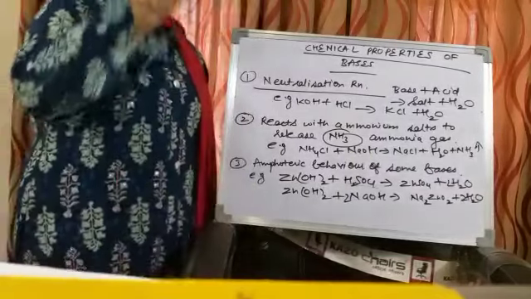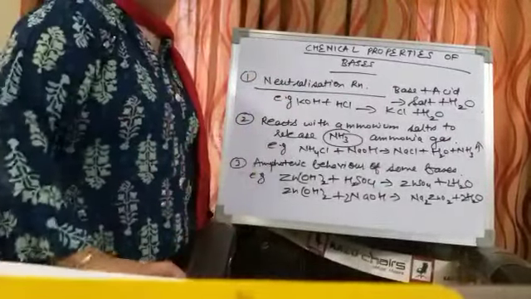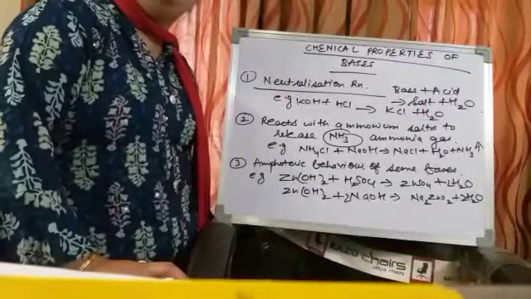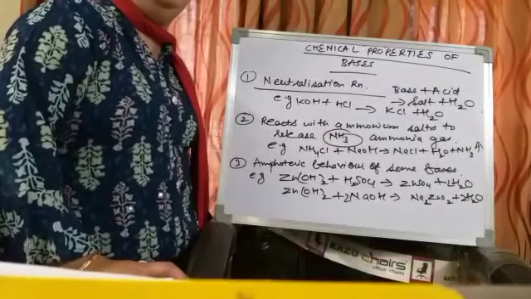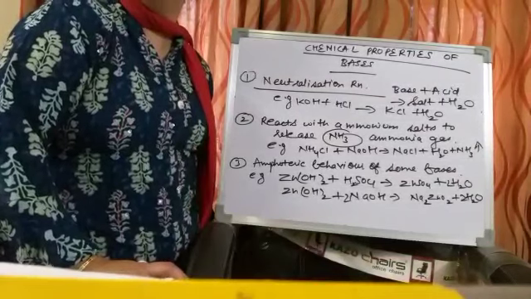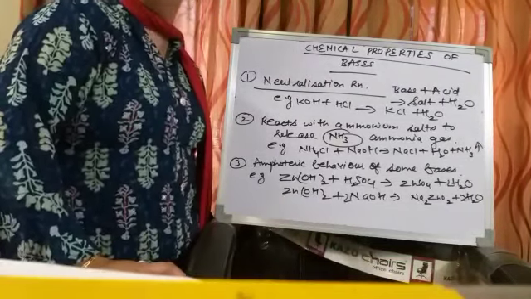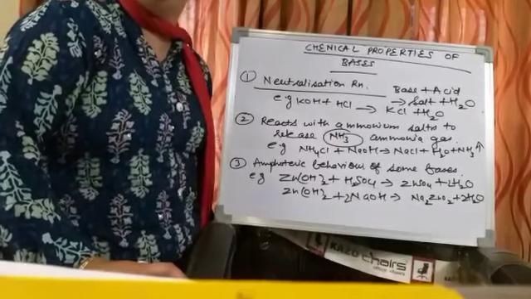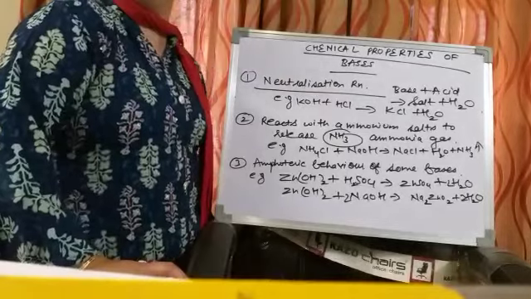Because I have discussed all the indicators before starting the properties, let me discuss the pH paper or pH solution also. pH solution or pH paper is known as universal indicator. Why is it known as universal indicator?